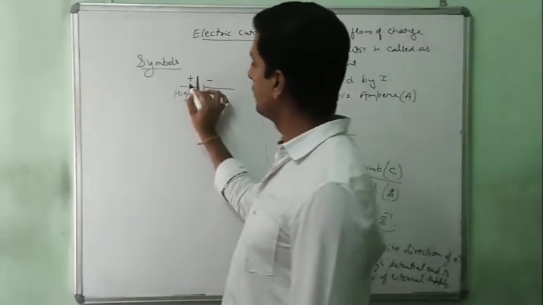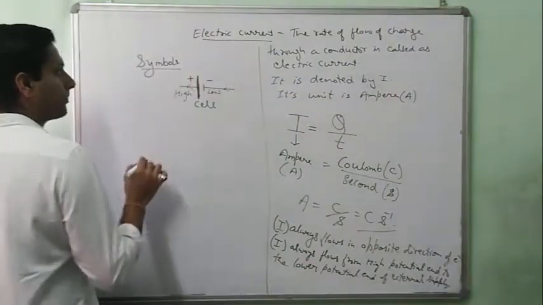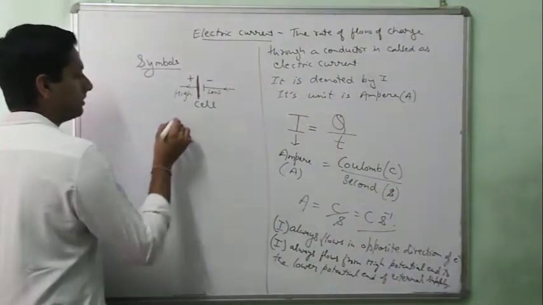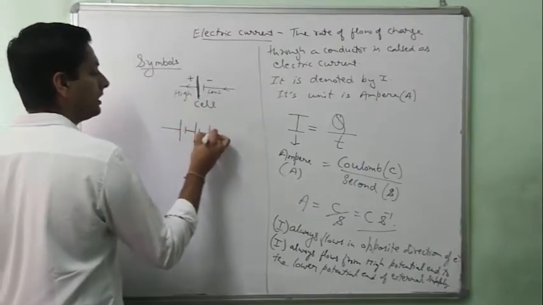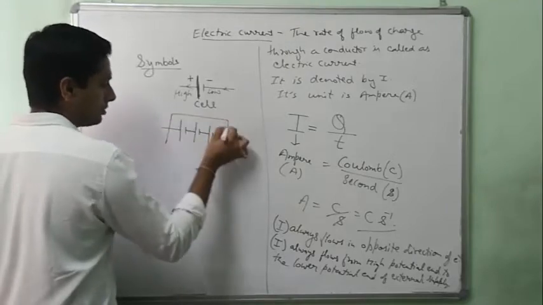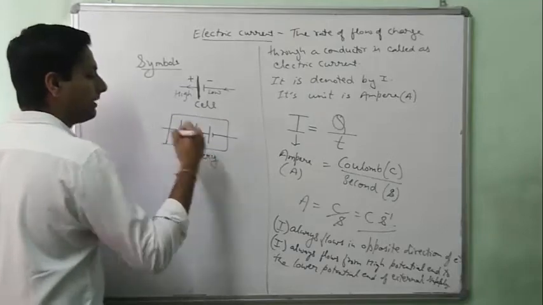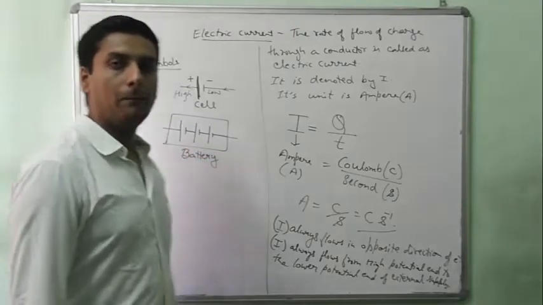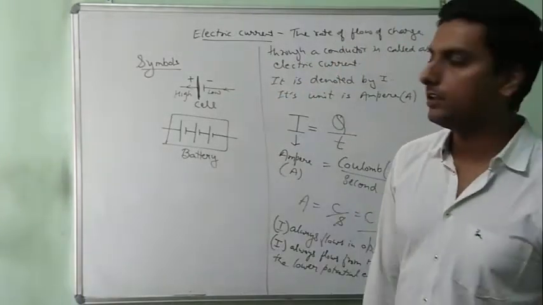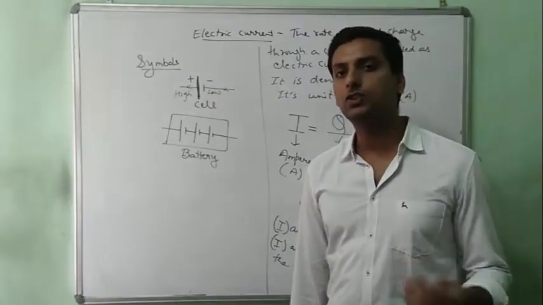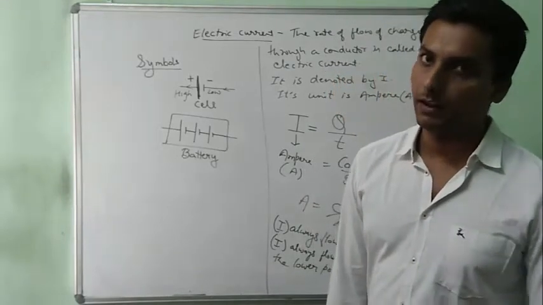So current will move from high potential to the lower potential, that is, in this direction the current will flow. Now, if cells are joined in series, this total combination is termed a battery. Combination of cells in series is called a battery. That is, several cells joined together give the term battery.